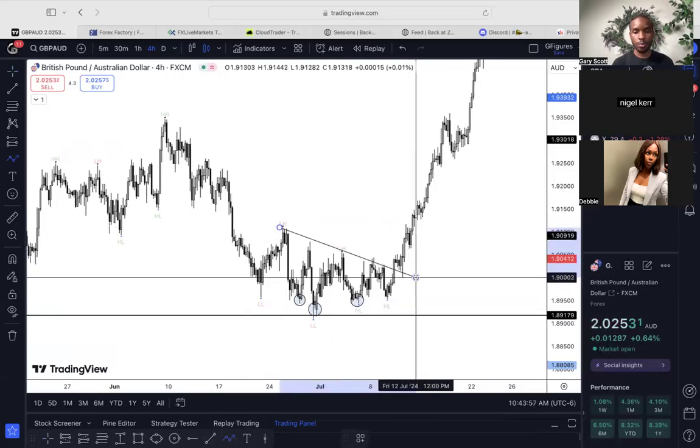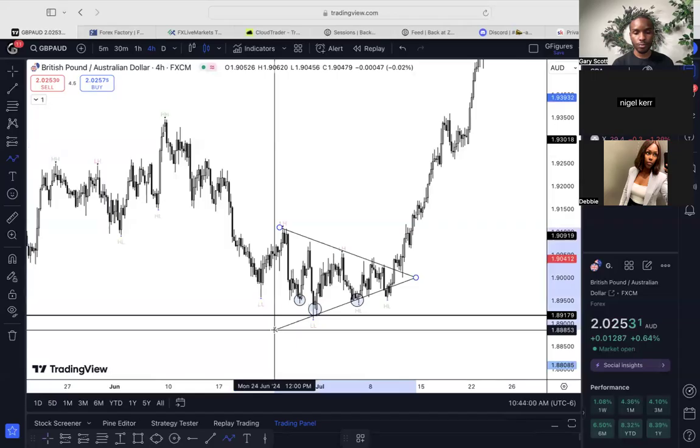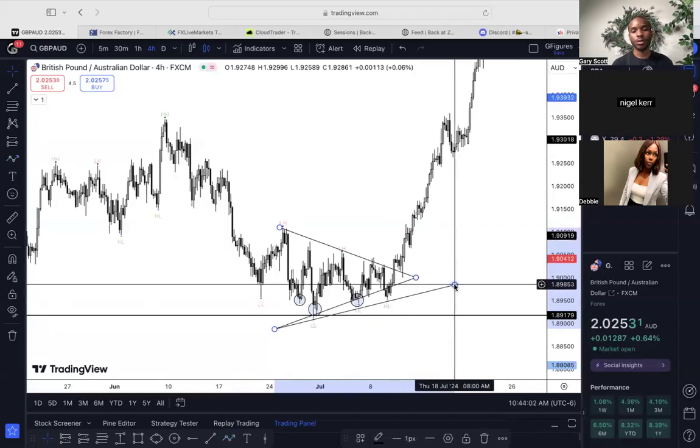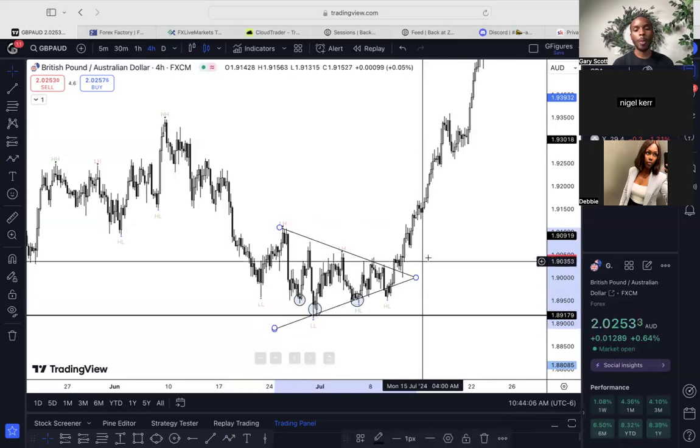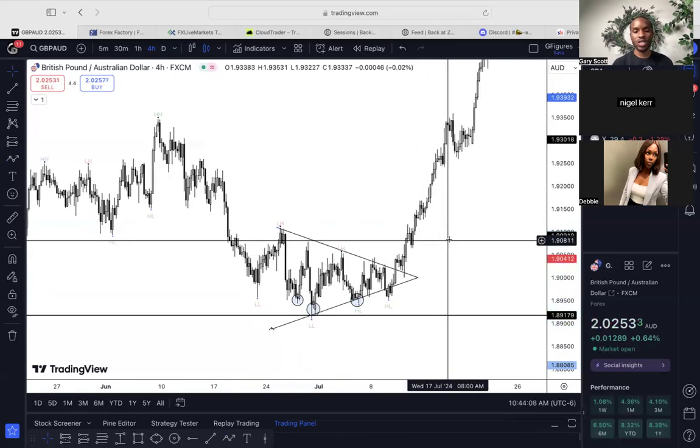If we draw out a particular pattern, hold on one second. What type of pattern is that? It's very much one of the ones I just recently went over with you guys.